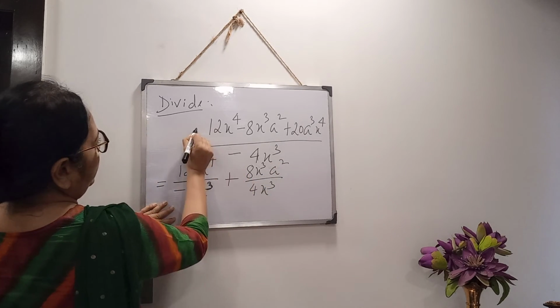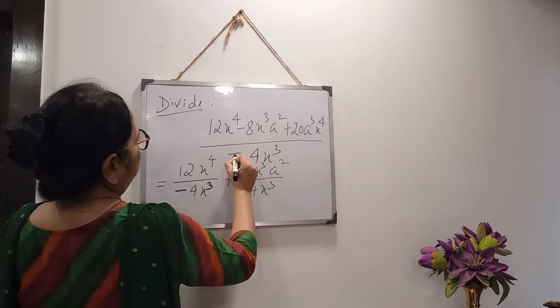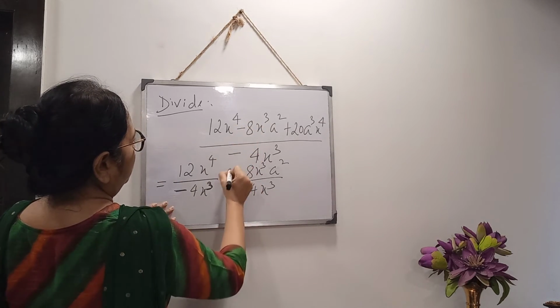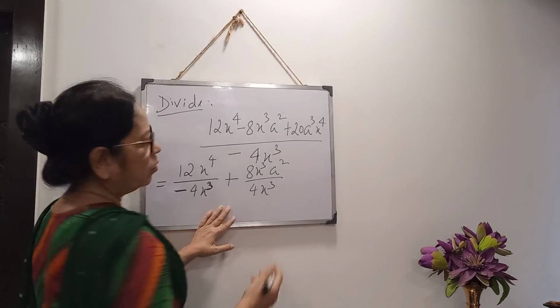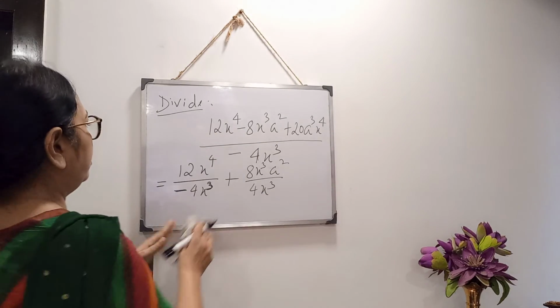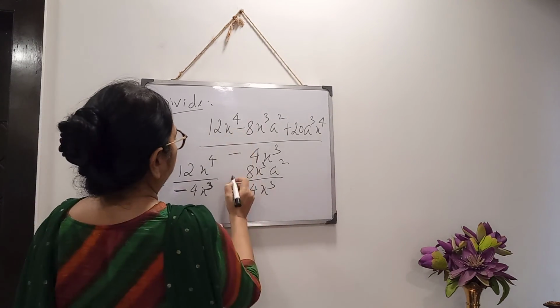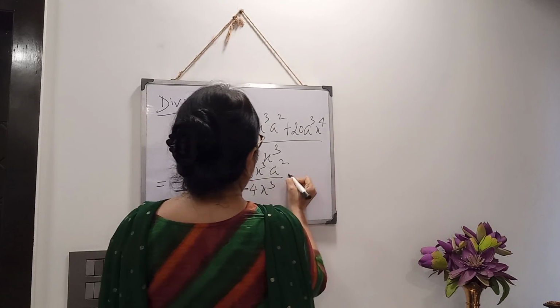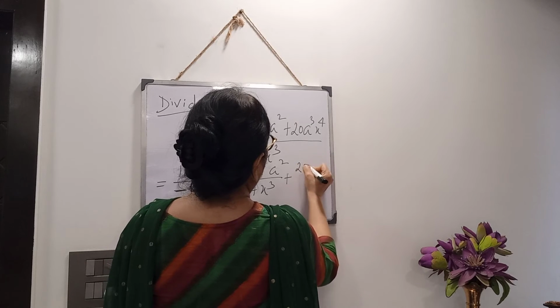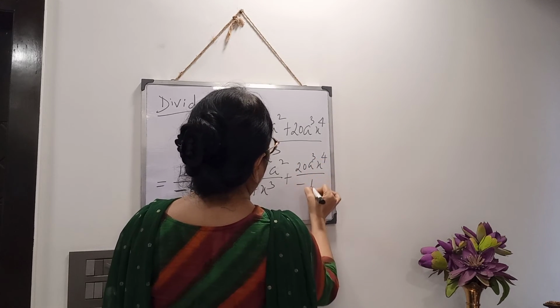Why? There is plus, there is minus. That's why this minus I kept over here. But this minus and this minus will be cancelled out and it will become plus. Or one more step. Okay, I am writing this way. Minus and then here negative minus 4x cube plus 20a cube x to the power 4 by minus 4x cube.